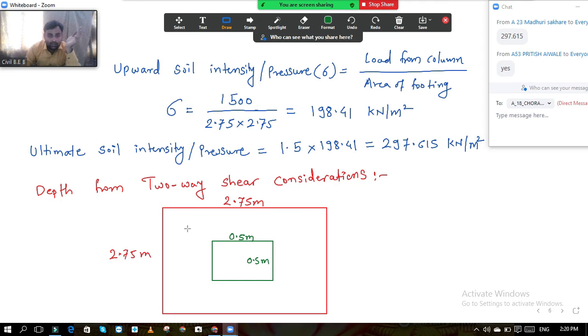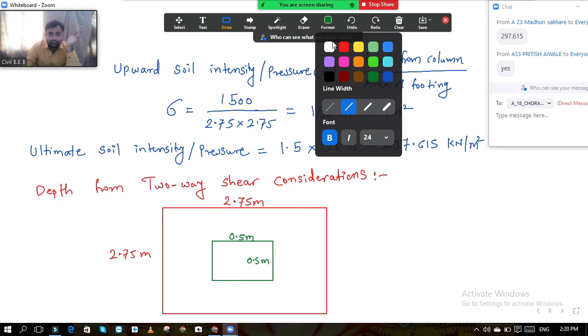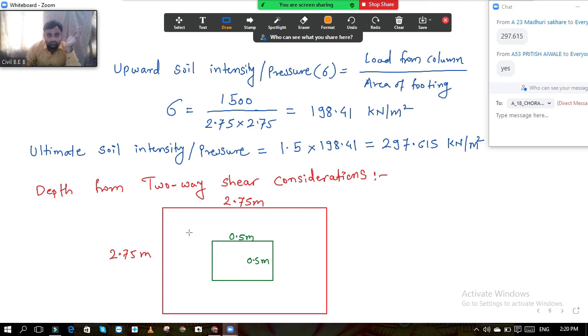I will draw another rectangle over here. This much of hole will get created due to the punching action. ये जो मैंने अभी येलो में ड्रॉ किया है ना, ये इतना बड़ा एरिया पंच हो जाएगा फुटिंग से.